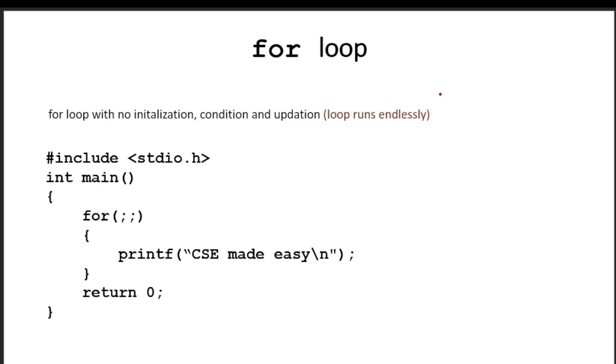Now, this is one more case of the for loop in which we can see that there is no initialization, no test condition, no update expression. Here you can see in the for loop there is no initialization expression given, no update, no test expression present. You can see only semicolons are provided. So what will happen?